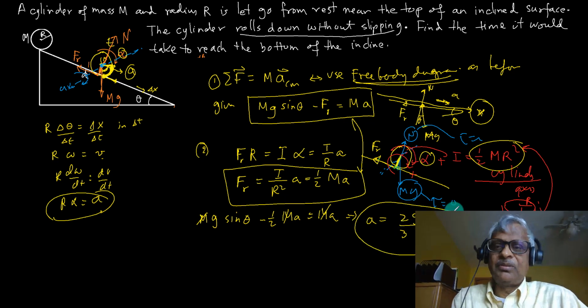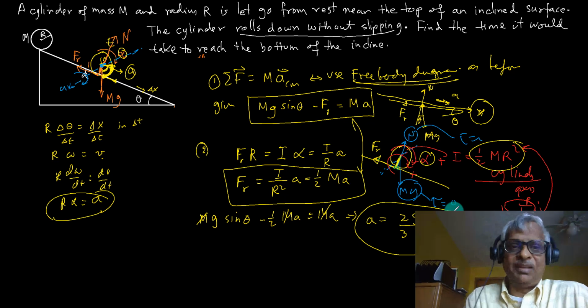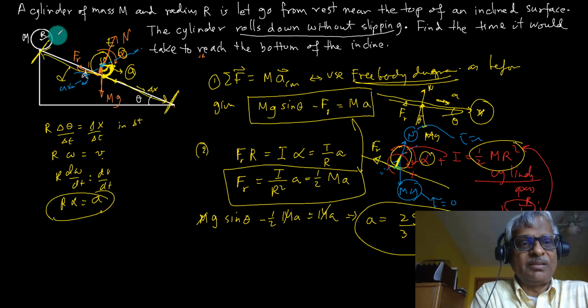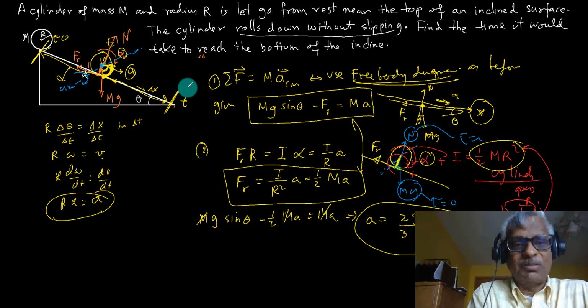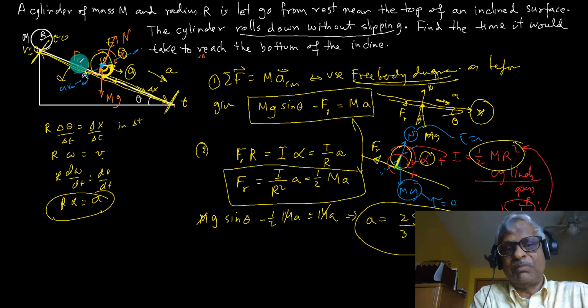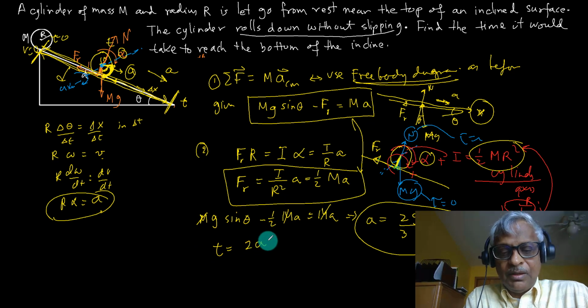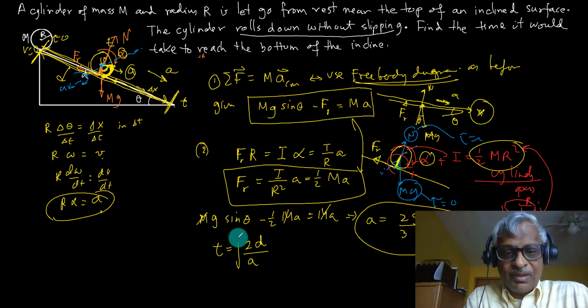So this is important from our previous strategy. We saw that between here and here, if the distance is d, and time here is 0, time here is t, and the acceleration is a, and v over here is 0, then this is a one-dimensional problem, and t equals the square root of 2d over a.